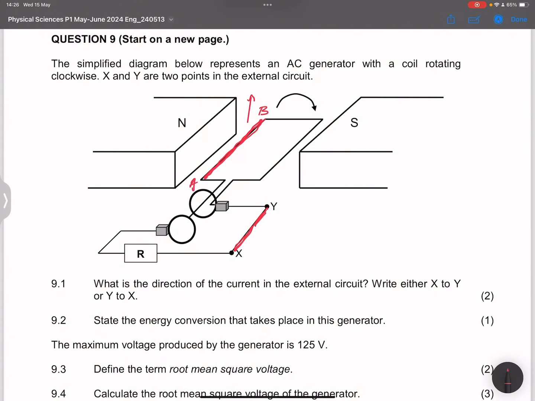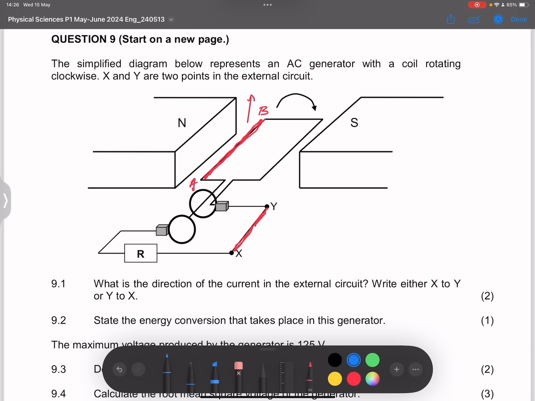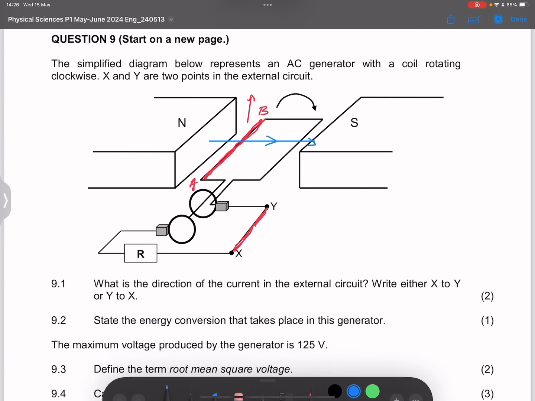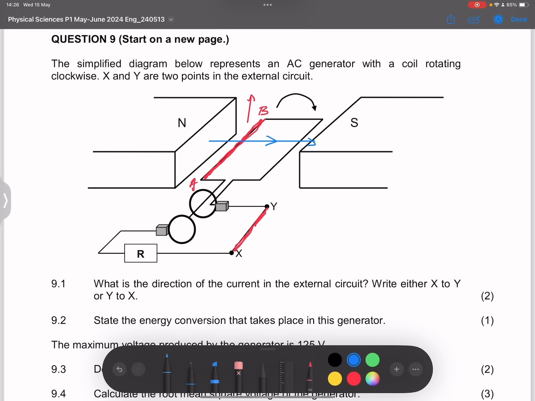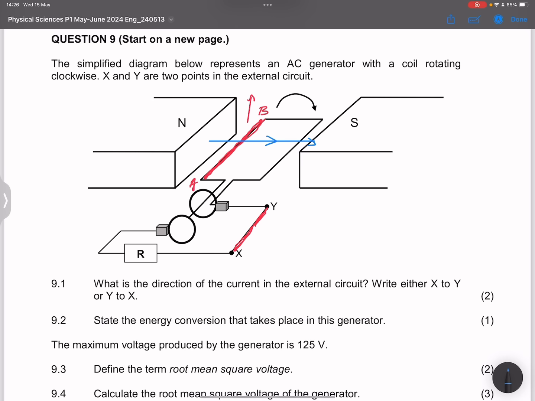Secondly, we know that the field always moves from north to south. So the direction of our magnetic field will always be from north to south. That will be where your forefinger is pointing. My thumb would be pointed upwards.